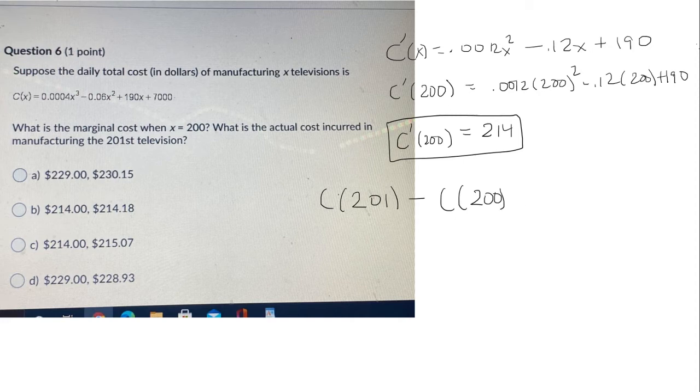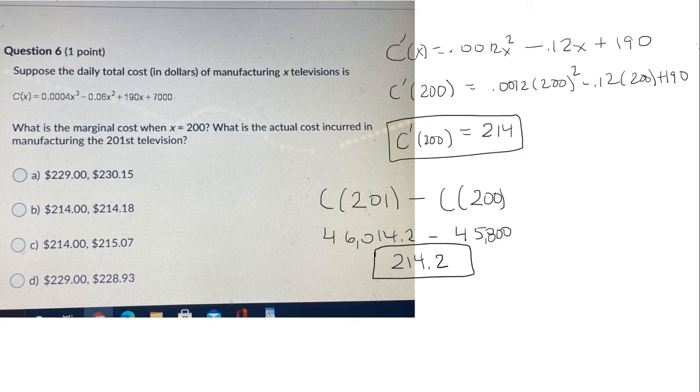And for that, we're going to have to plug in 201 back into the original function for x and 200 and then subtract them. So when we do that, the cost for 201 televisions is $46,014.2, and the cost for manufacturing 200 televisions is $45,800, and the difference here is 214.2.